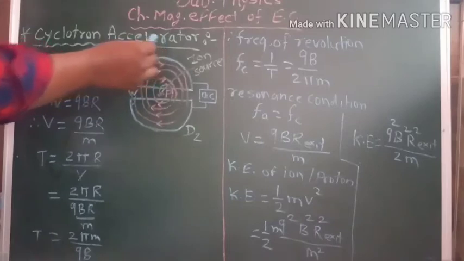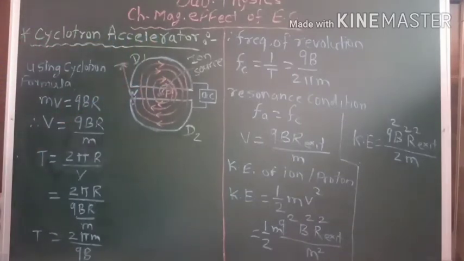Cyclotron accelerator, in which this cyclotron accelerator is a charged particle accelerator. That means it is used to accelerate charged particles, and it provides high energy, from mega electron volts to giga electron volts.